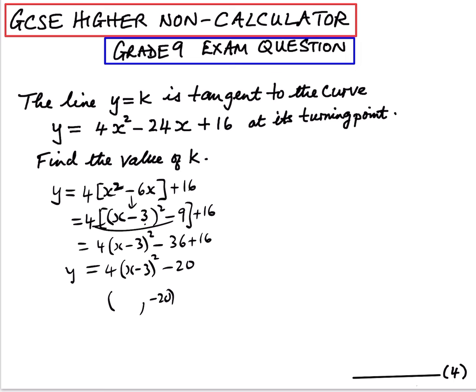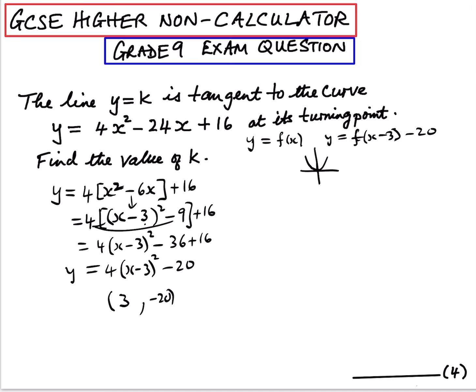Let me show you quickly why it is. Imagine you've got y equals f of x, and you're doing the translation y equals f of x minus 3, minus 20. So there's the graph of y equals 4x squared, let's say. And what are we doing to the 4x squared?